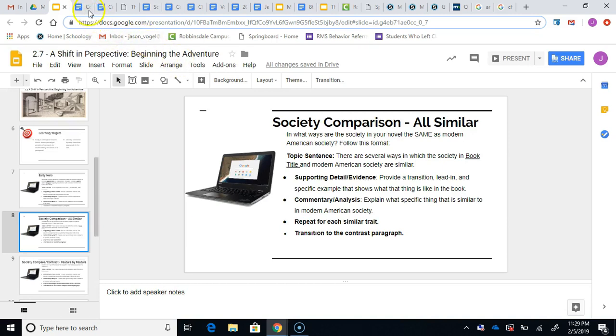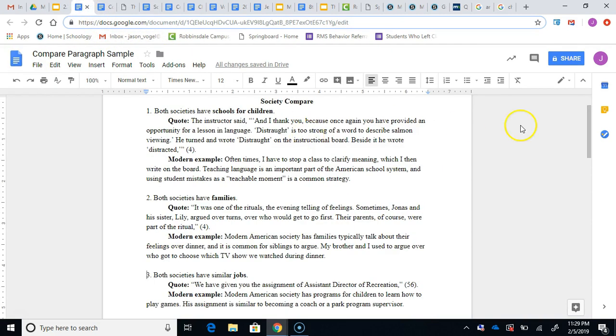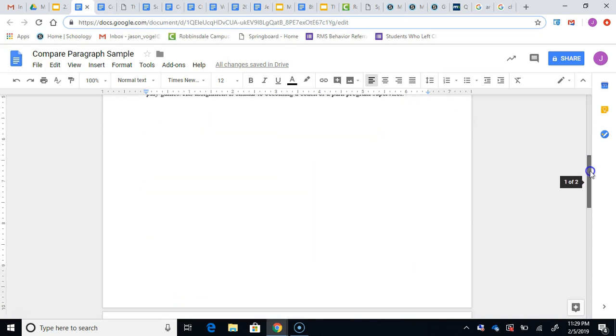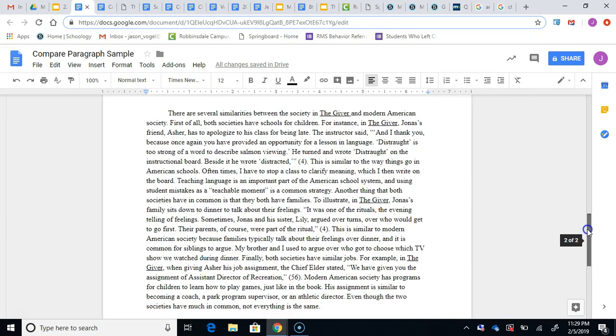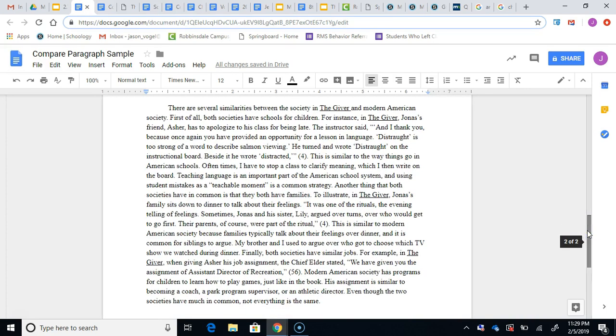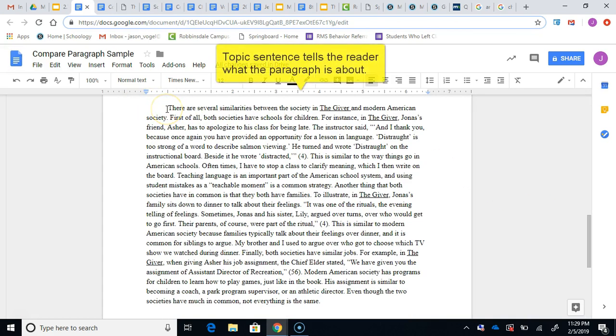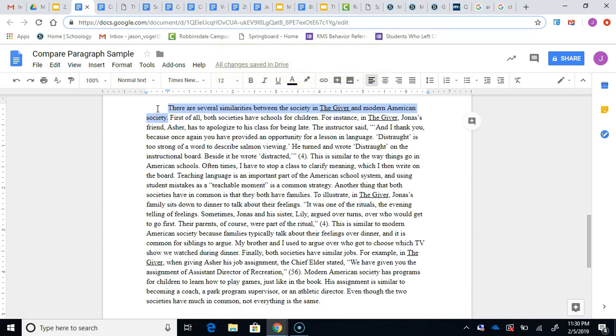Let's show you. I wrote an example paragraph here using The Giver as my novel of choice. The first thing I'm going to do is start with my topic sentence that tells the reader what my paragraph is going to be about. My topic sentence is right here. There are several similarities between the society in The Giver and modern American society.